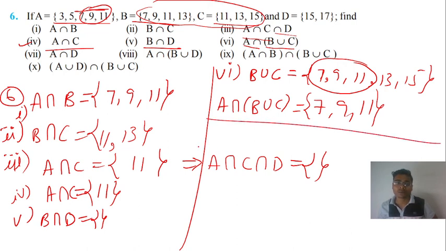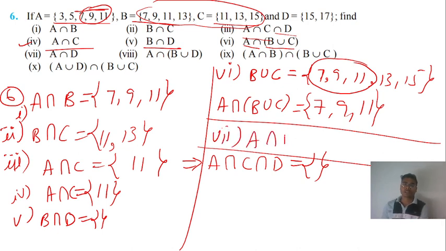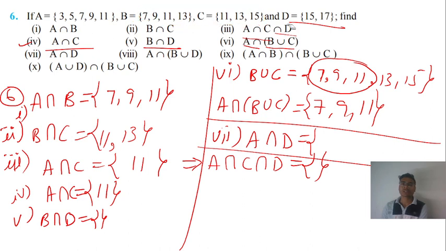Coming to part 7th here. 7th is saying A intersection D. If there is any element that is common in A and D, you will see no element common in these two sets. So you write it as ∅ or just empty braces.